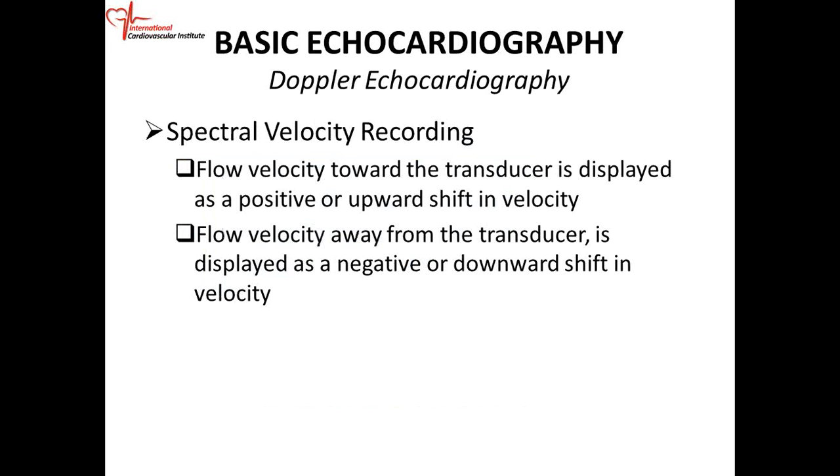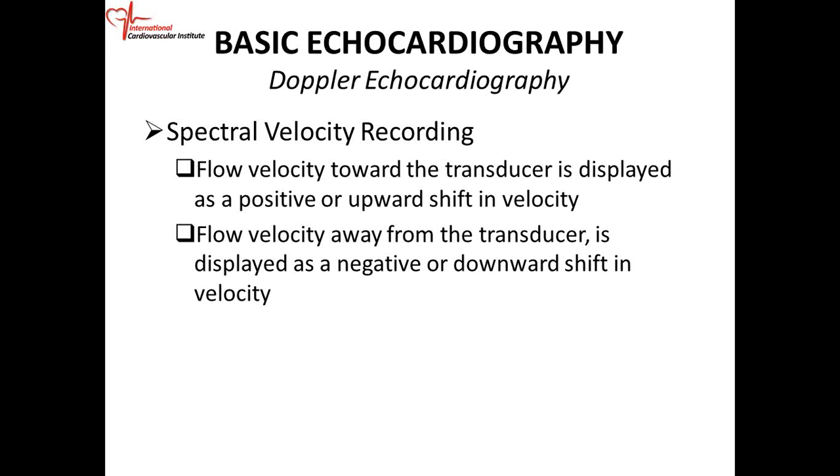All right. So when we do spectral velocity recording, the flow velocity towards the transducer is displayed as a positive or upward shift in the velocity. So it's going to give you an envelope above the baseline.